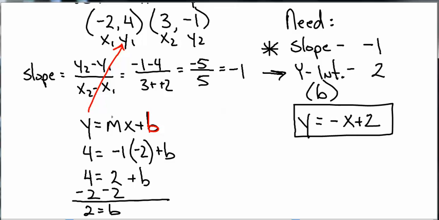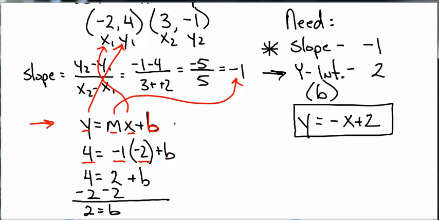If you've got an m, that came from here. And if you have an x, that comes from there. You've got your y, your m, and your x. And what you do is you replace the y, the m, and the x with what y, m, and x is equal to so far. Once you have those 3 variables replaced with numbers, you can find out what b is by just doing the math.